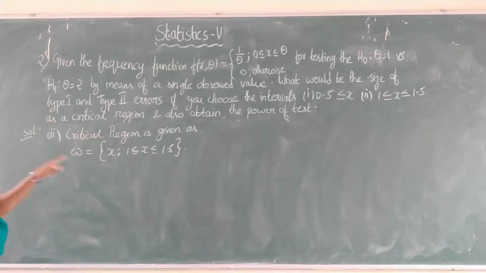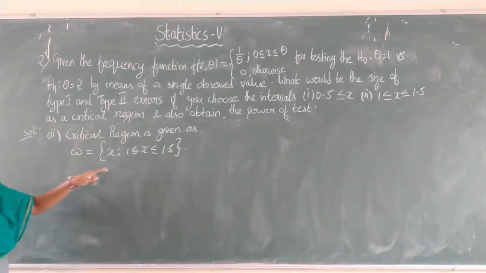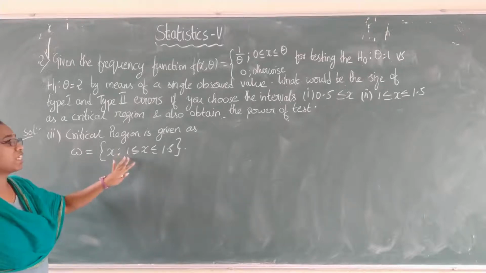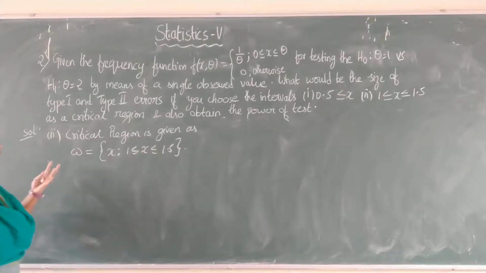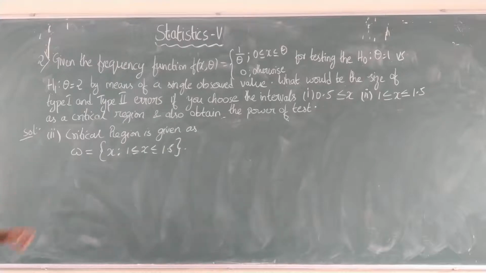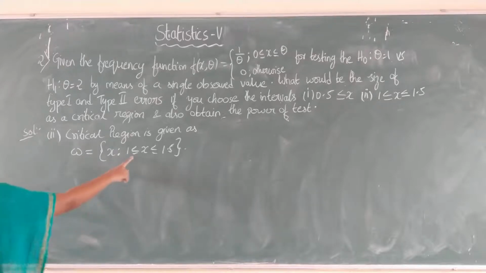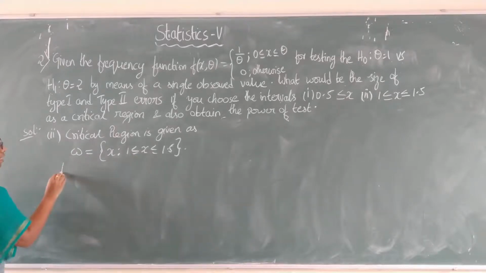If this is the critical region, how will you write the acceptance region? Whatever values do not lie between 1 and 1.5, that is the acceptance region. You may not write the acceptance region here; only the critical region is enough. If you are writing the acceptance region, you just have to write the values which do not lie within this.